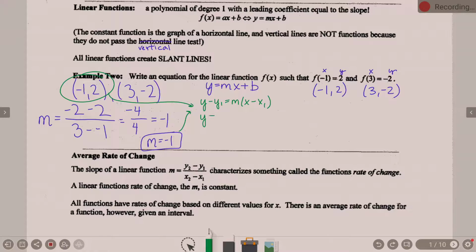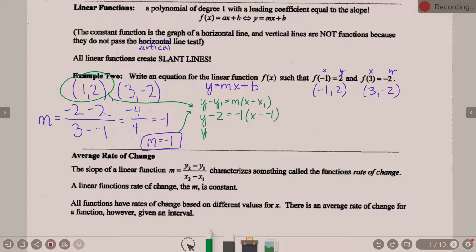So y minus, my y coordinate is 2, equals m, so slope of negative 1, times x minus my x coordinate of negative 1. And then you just have to solve this for y, right?